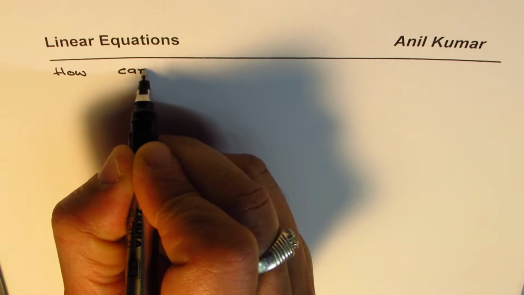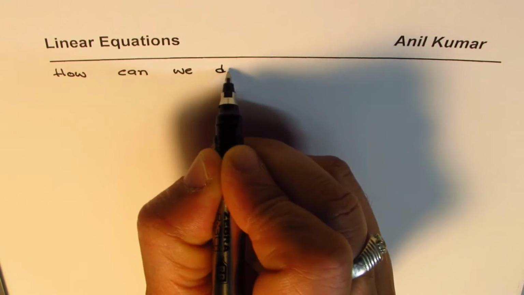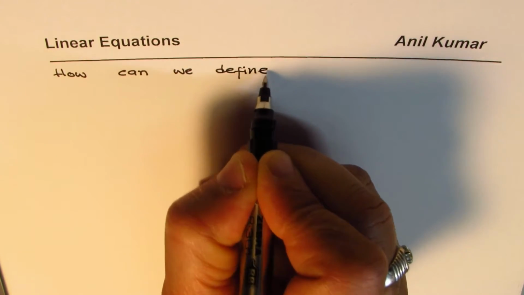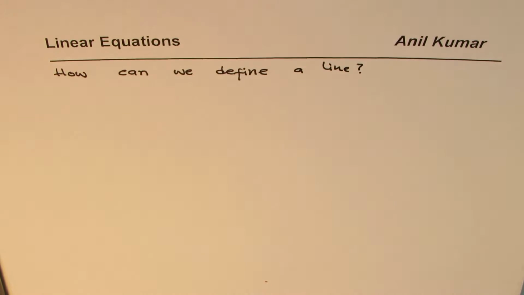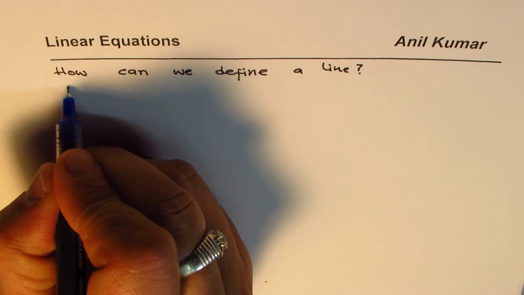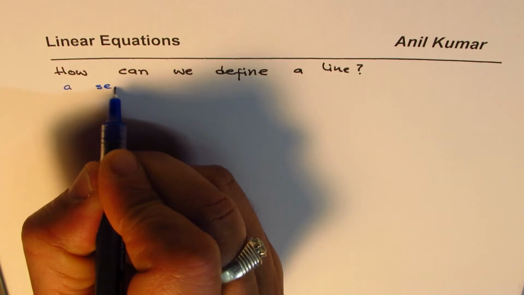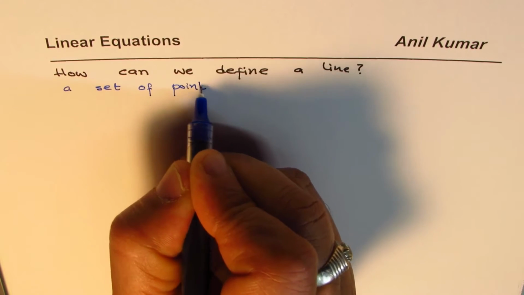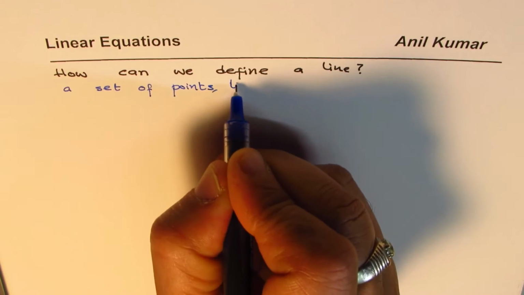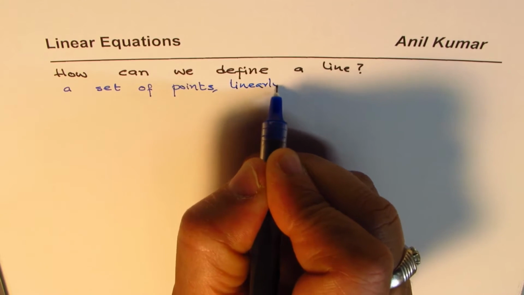The question here is, how can we define a line? So line, you can say, is a set of points, a set of points linearly arranged.